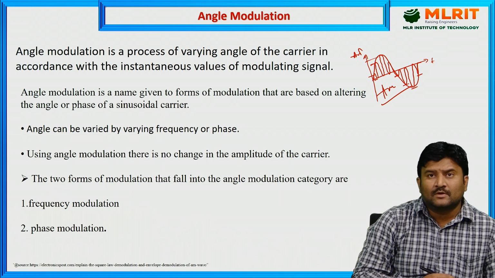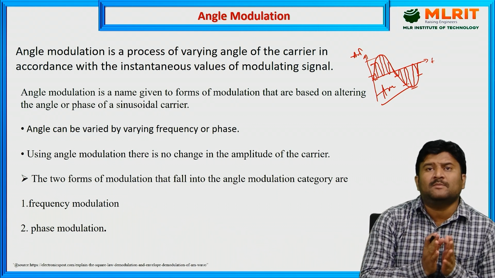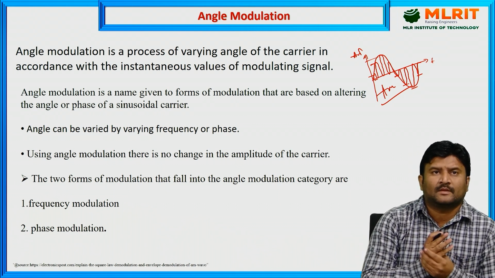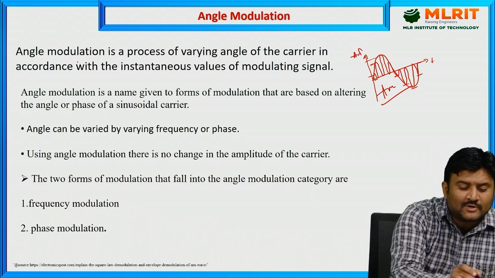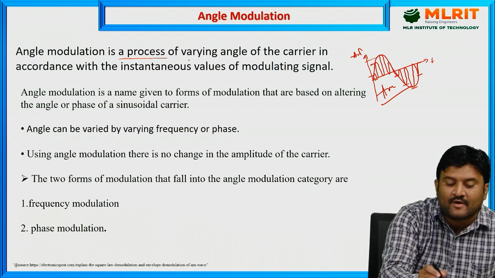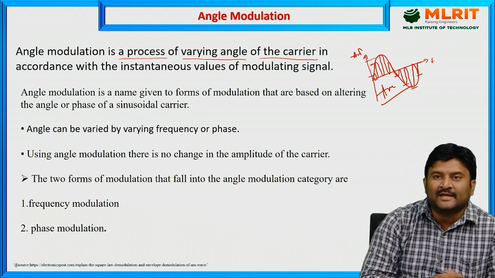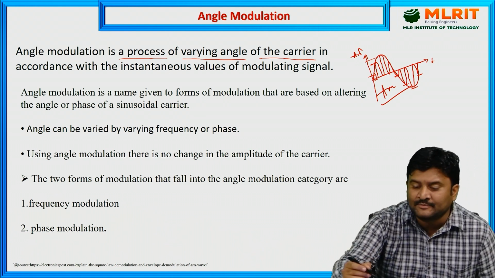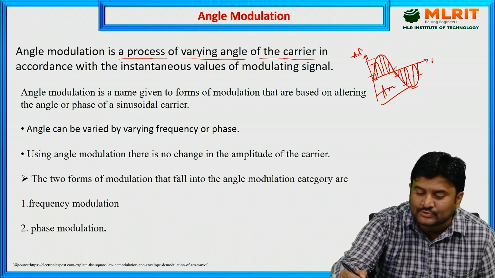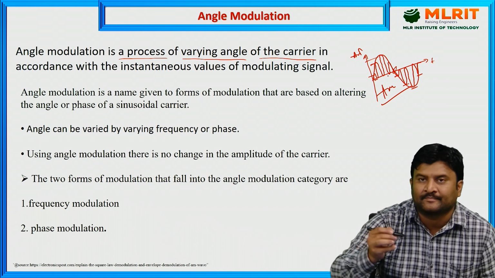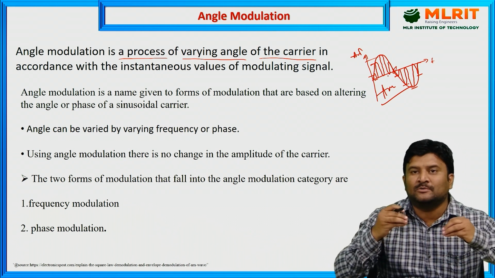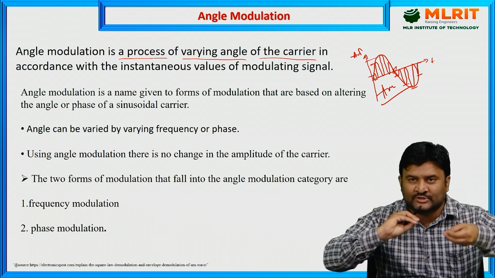But once you take angle modulation, what is that? Angle modulation is a process of varying the angle of the carrier. Observe here, when it reaches the 0th position, the carrier angle should be changing and frequency is changing.